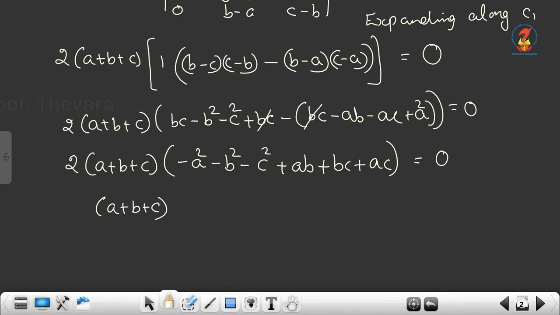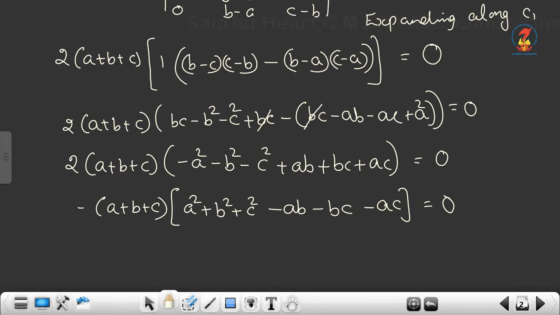First I take minus outside. Then A square plus B square plus C square minus AB minus BC minus AC. Then we have one 2 here, multiply 2 I am writing here.